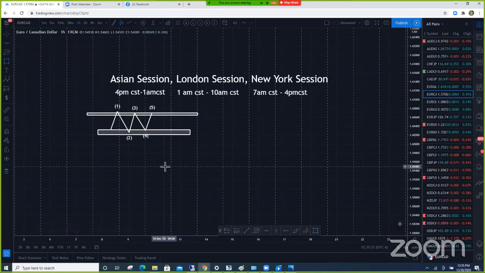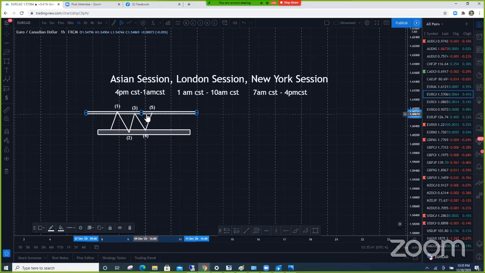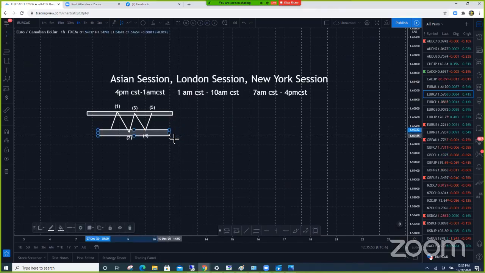With only the Asians trading, for the most part, from an institutional standpoint, it's not that much. So it usually consolidates like that during the Asian session.